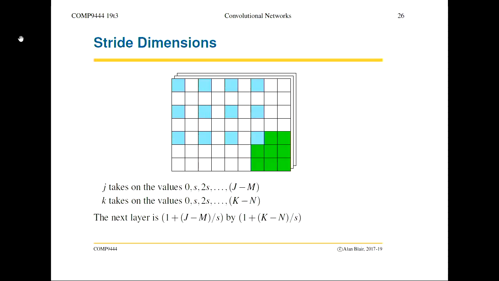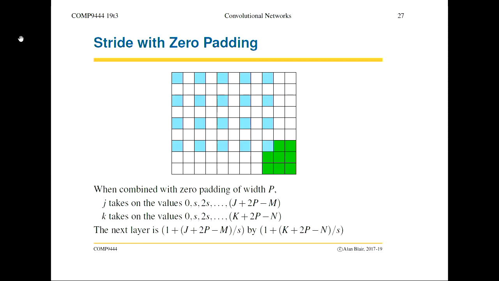Right, so that's stride. This is the most general formula, where you have padding and stride. The padding is P and the stride is S. If you figure it out, the size of the next layer is 1 plus (J plus 2P minus M) divided by S, and (K plus 2P minus M) over S. In practice, we usually don't memorize these formulas.